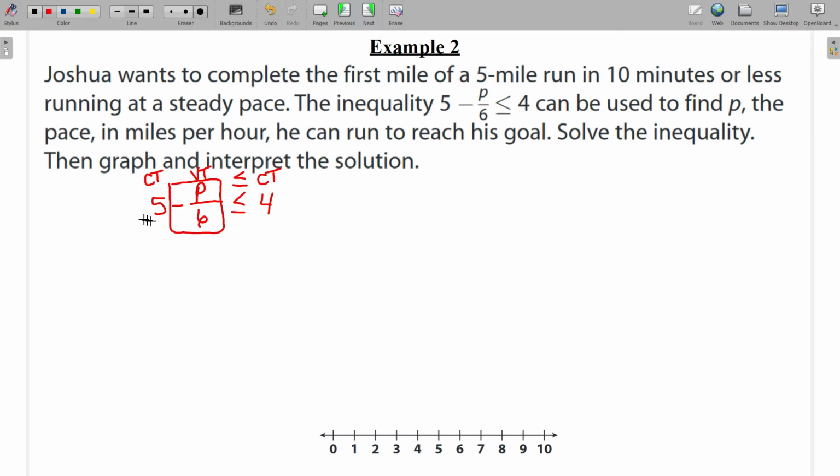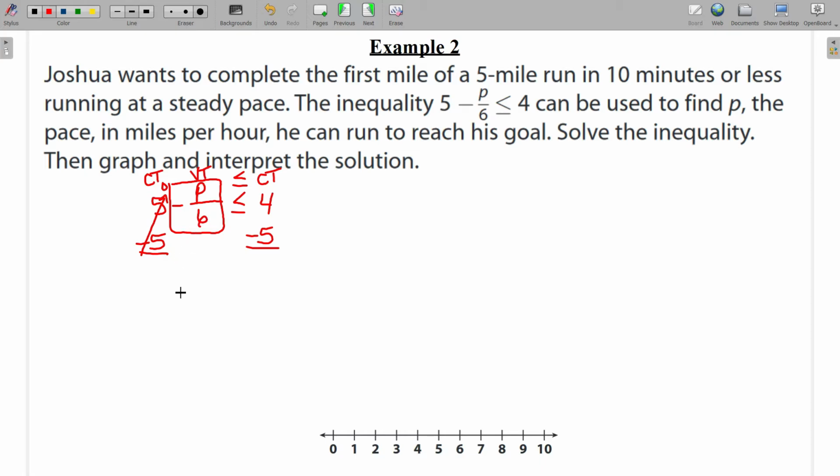Now this 5 doesn't have a sign in front of it, so it's understood to be a positive 5. So to get rid of this positive 5, we are going to subtract 5 from the left-hand side. Now what we do to the left-hand side of an inequality, we must also do to its right-hand side as well. So I'm going to subtract 5 from that 4. On the left-hand side, the 5's are going to cancel each other out and give me 0.